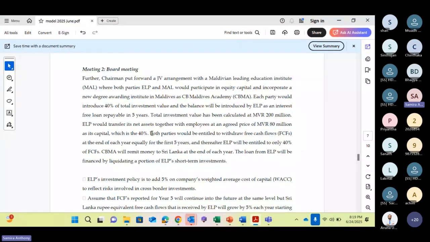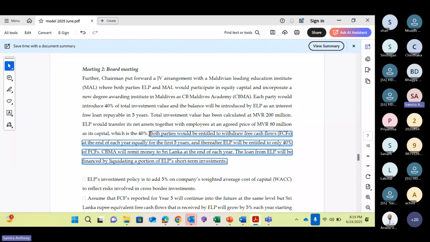Both parties would be entitled to withdraw free cash flows at the end of each year equally for the first 5 years. Thereafter, ELP will receive only 40%. Okay, now let's take the first part.